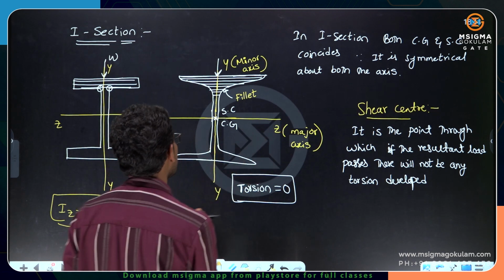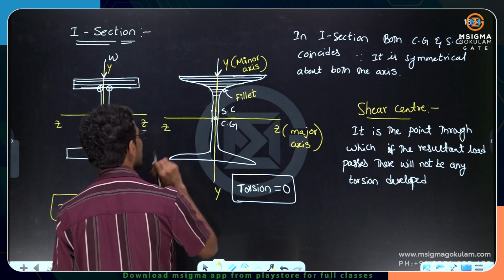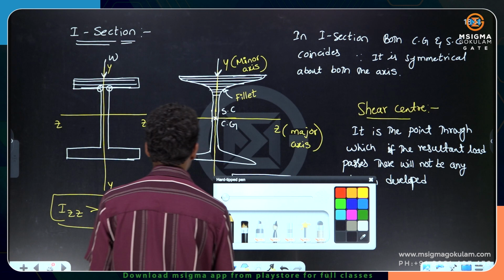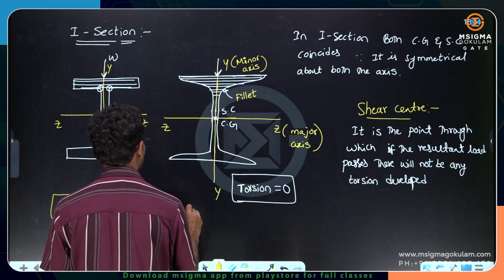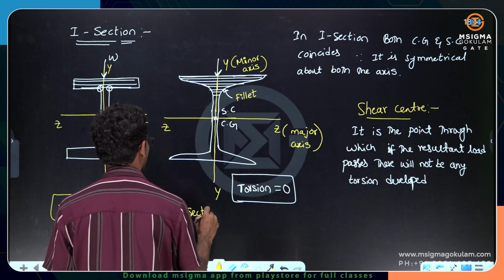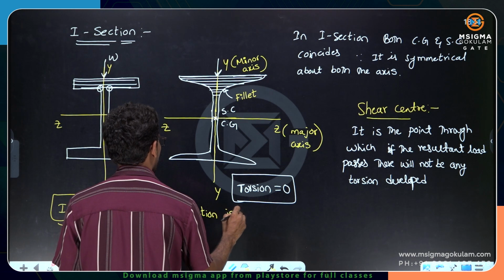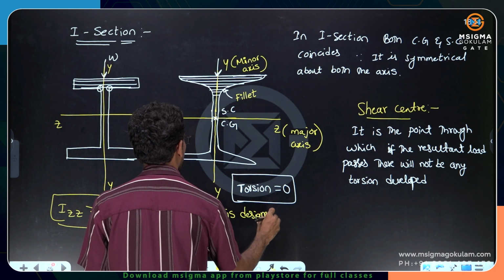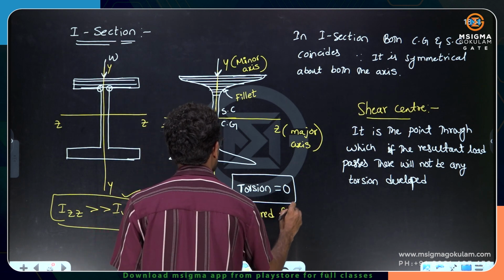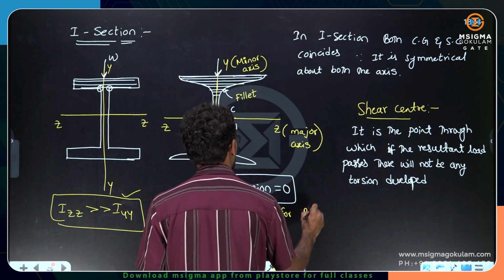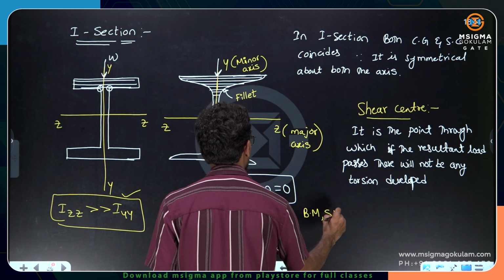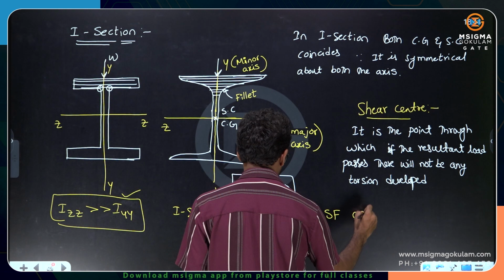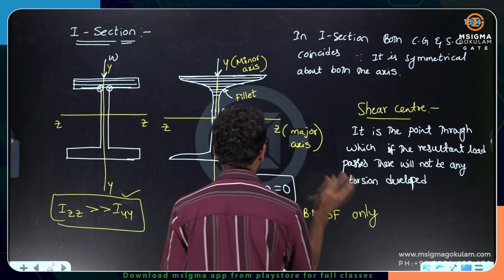So I can say here that in case of I section, so otherwise I can say that I section is designed for bending moment, shear force alone or only because of symmetry.